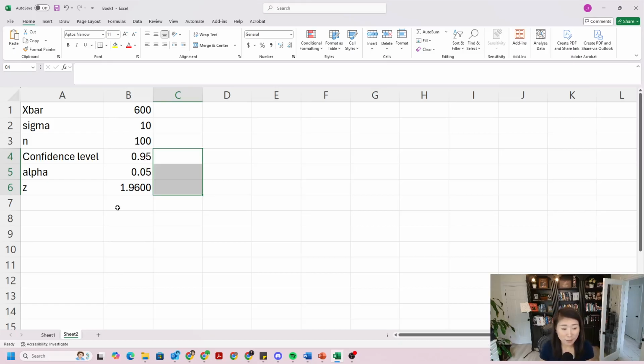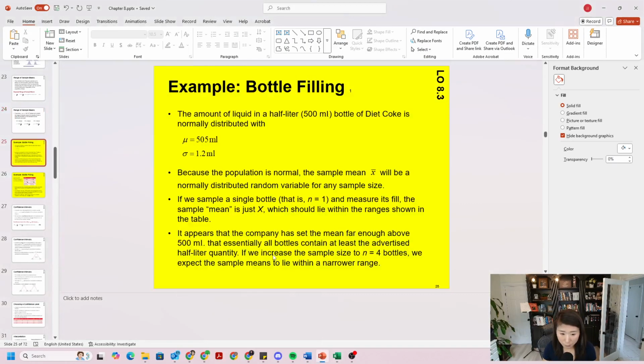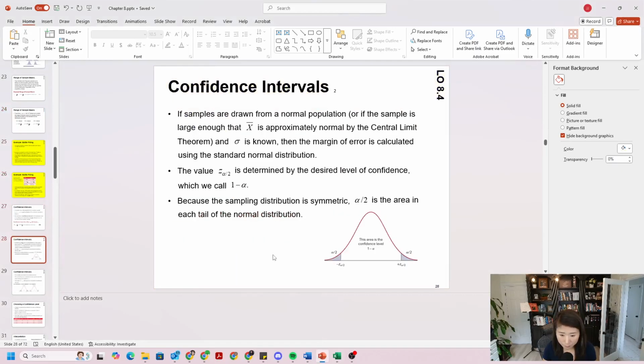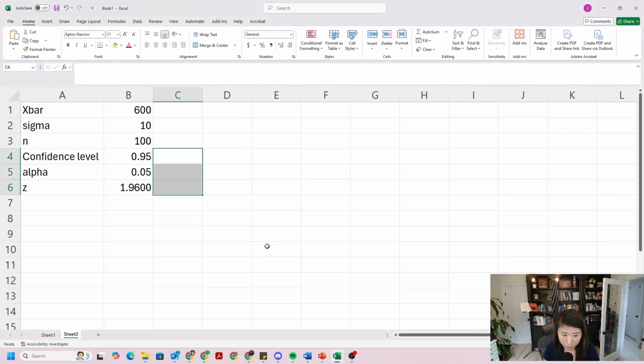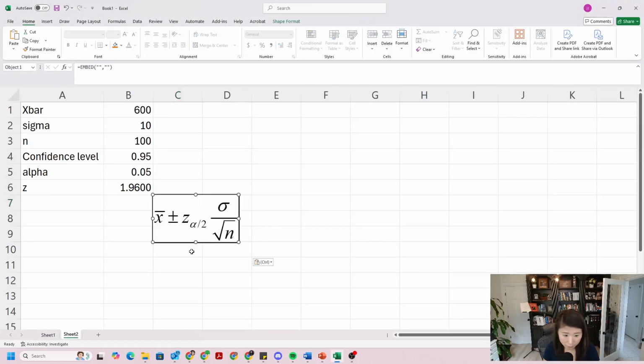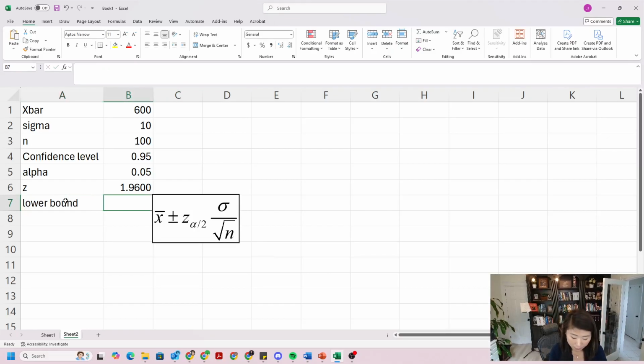Okay, now you know all those calculations. Now we're just going to base on the formula we learned from our PowerPoint, which is this one, right? Let me copy and paste it right next to it. Now we can base on this formula to calculate the lower bound and the upper bound.